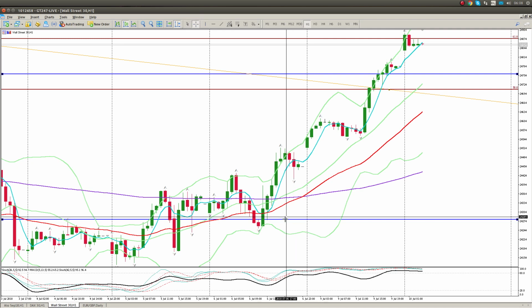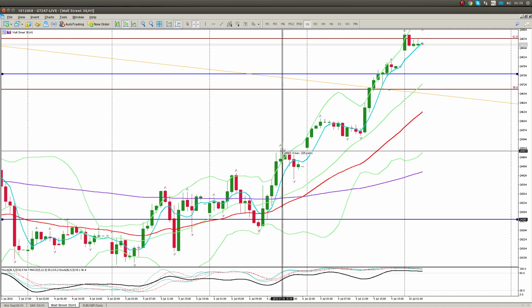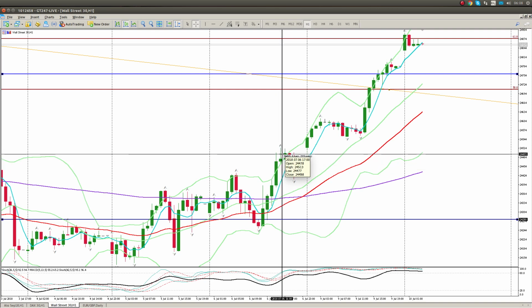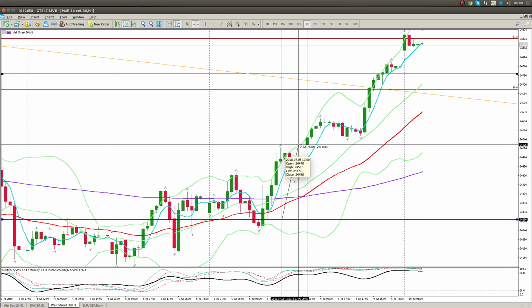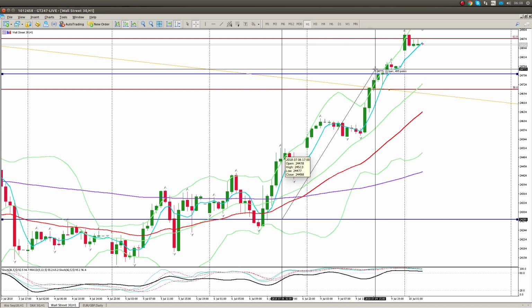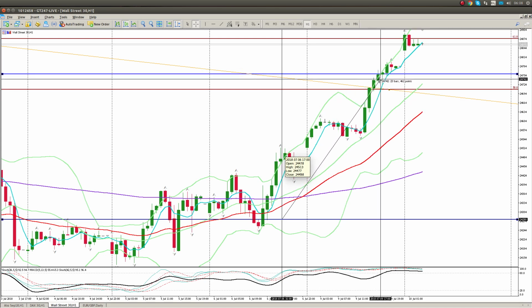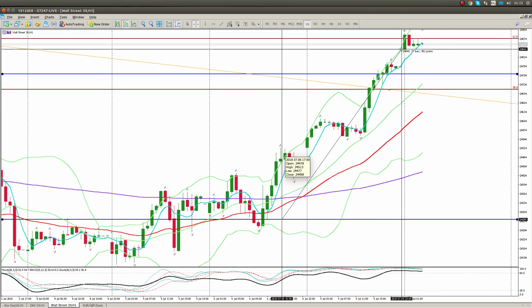So this move here, and you could have banked, I mean, I've banked pretty much on every peak. So banked on the close, and I banked yesterday up here, and also got back in up here, and I'm still holding that position.